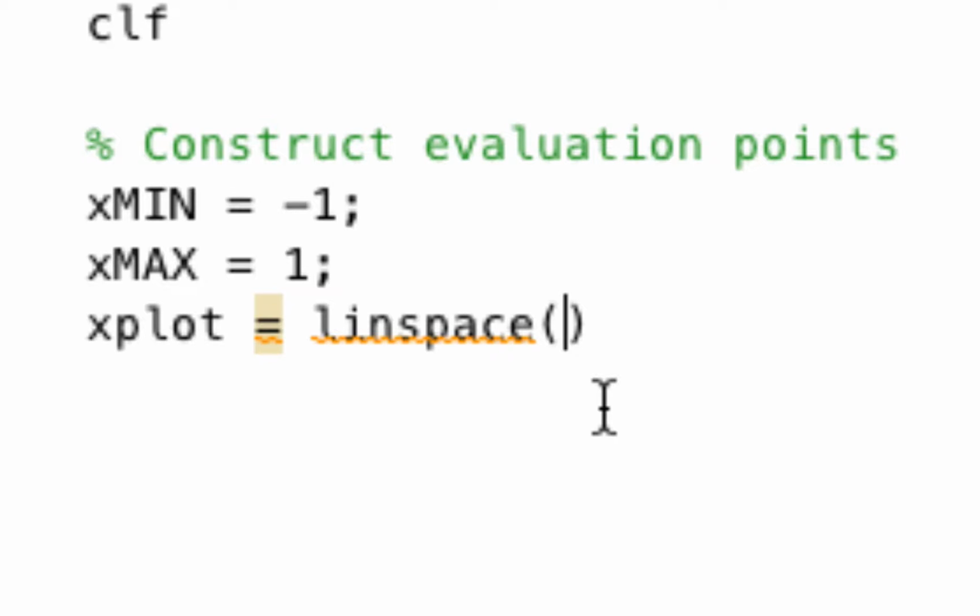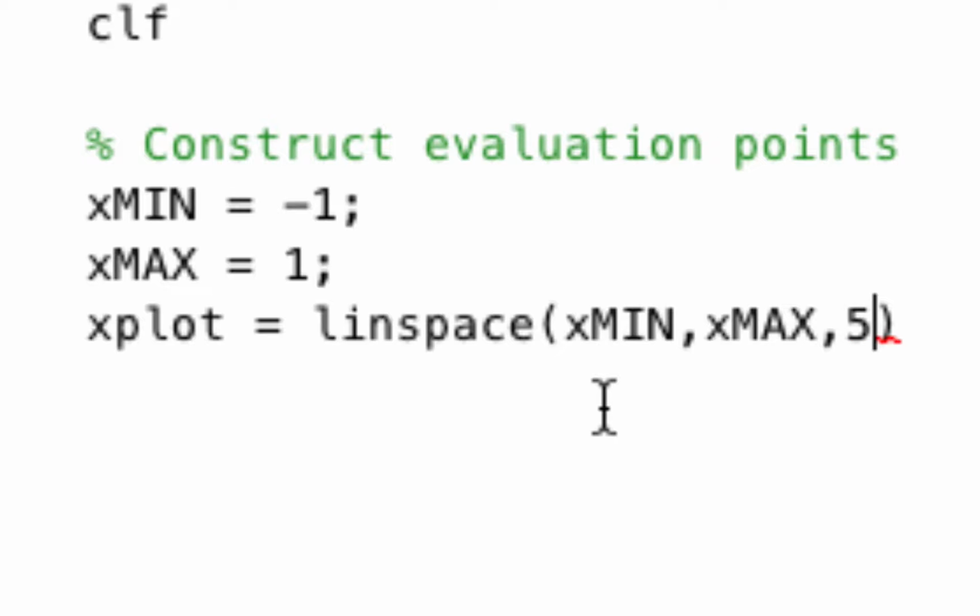And then let's go from x min to x max, and since we are plotting linear functions, it would be enough to take 2 points, but it feels so wrong, so let's put at least 5 points.